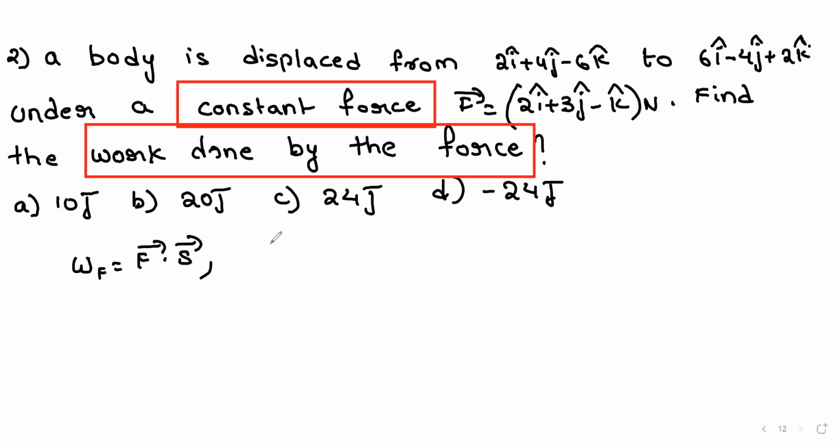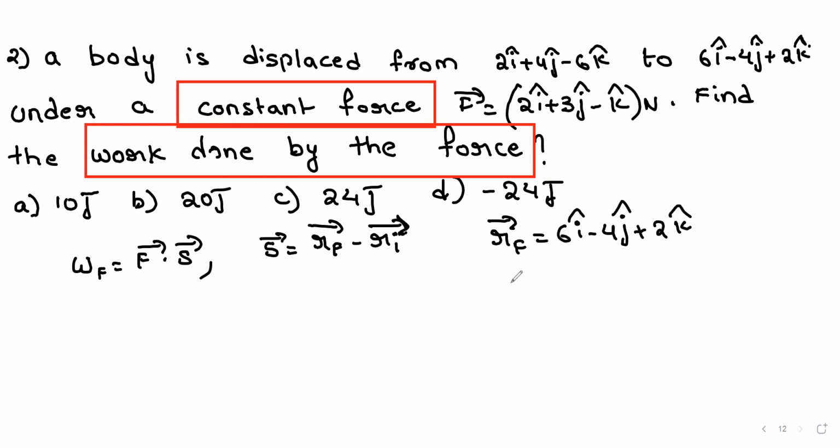But displacement vector is final position vector minus initial position vector. Final position vector is 6i minus 4j plus 2k. Initial position vector is 2i plus 4j minus 6k.